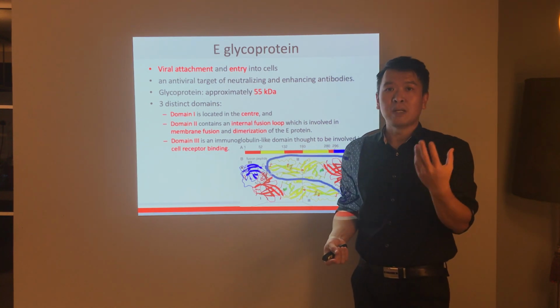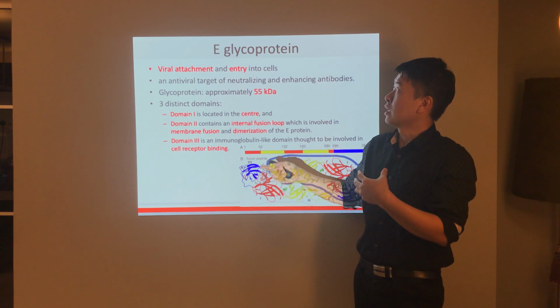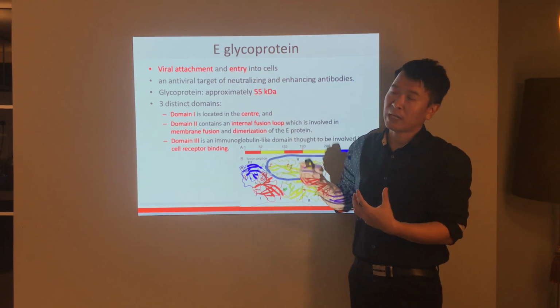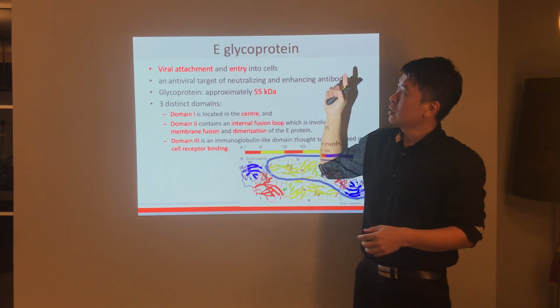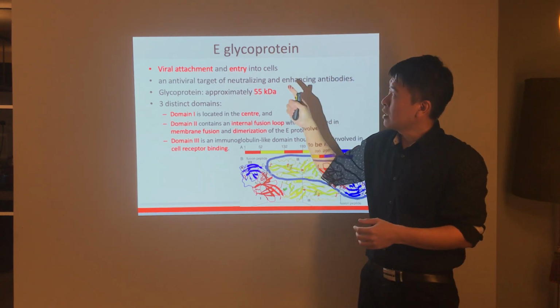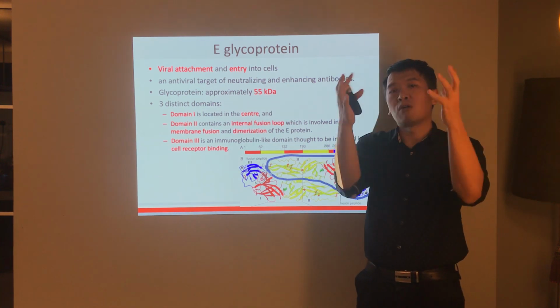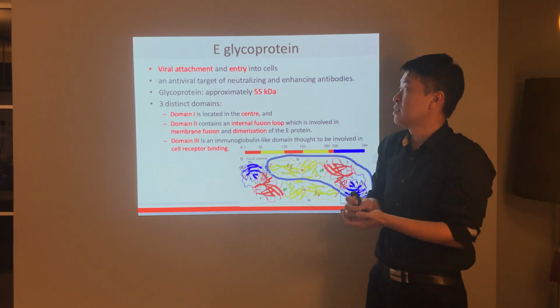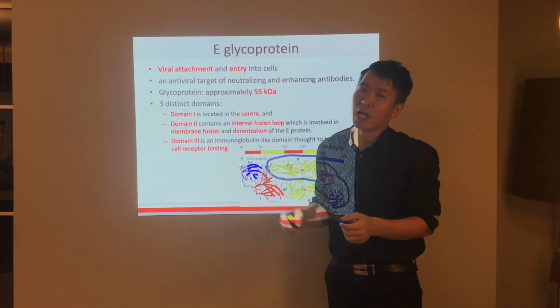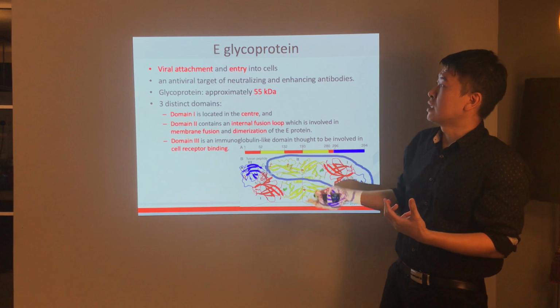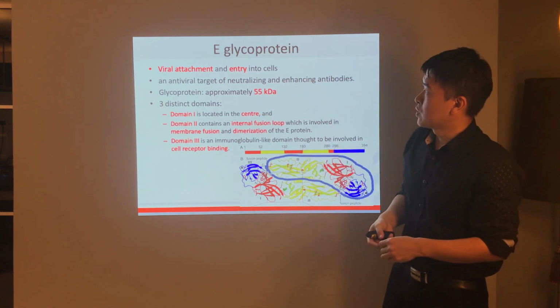A protein that has a modification by addition of carbohydrate, we call a glycoprotein. This envelope glycoprotein is very important because it is the protein that surrounds the whole surface of the virus, and it is very important for the attachment of the virus, and it also initiates the entry of the virus into the host cell.